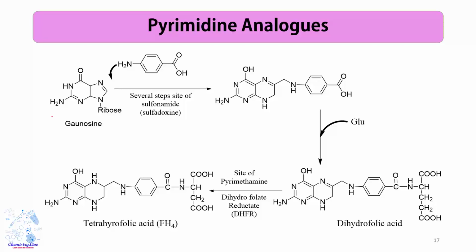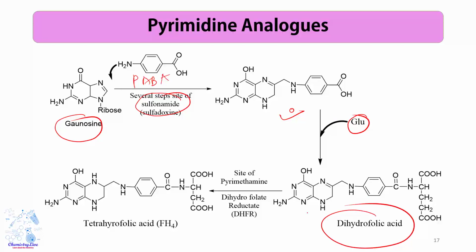So in that case, there is guanosine. Guanosine is directly attached, in several steps, with para-aminobenzoic acid. That para-aminobenzoic acid, if it is inhibited by sulfonamide or sulfadoxine, then it creates this kind of derivative. Again it starts with glutamate, so it prepares dihydrofolic acid.